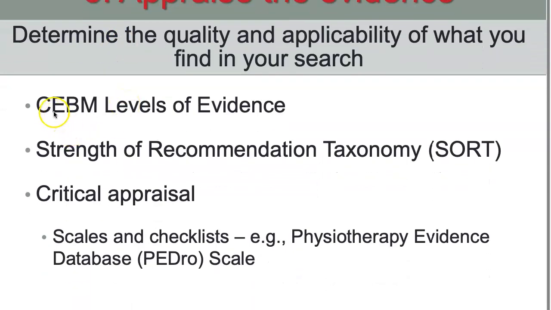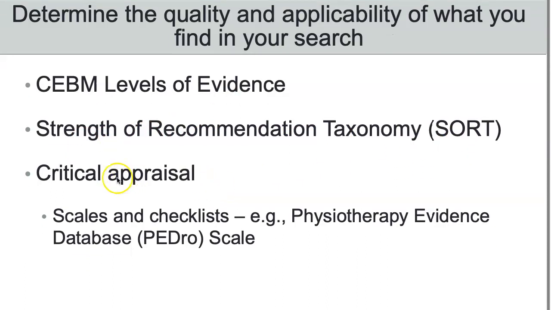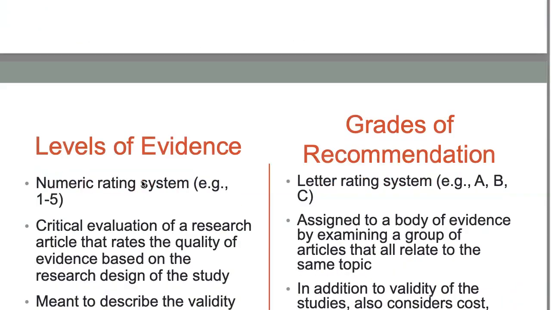Over this week and next week, we're going to talk about levels of evidence. Actually, what we're going to use is the CEBM levels of evidence document, and the strength of recommendation taxonomy, or SORT. Next week, we'll talk about critical appraisals. I'm not going to really talk about that in this presentation.